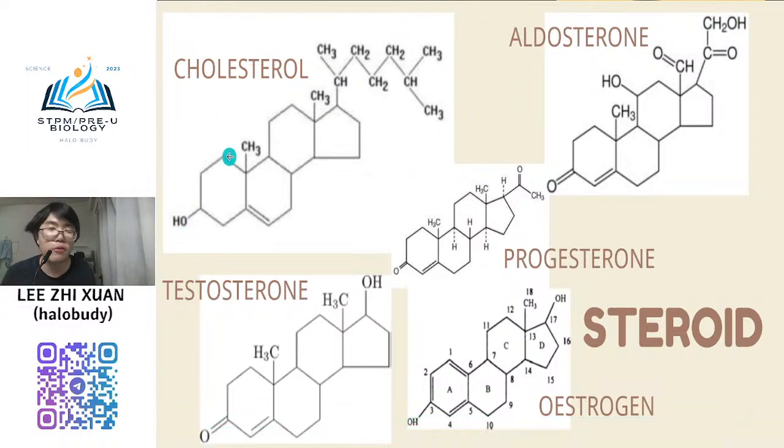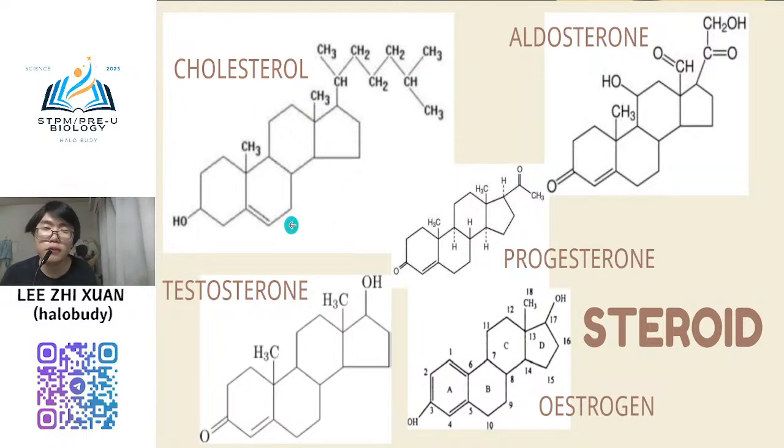You can see there are 3 hexagon structures and also 1 pentagon structure. Two of the hexagon structures contain a double bond here, and you also need to know that there is the hydroxyl group, the methyl groups, and the hydrocarbon chain here. You need to memorize it.